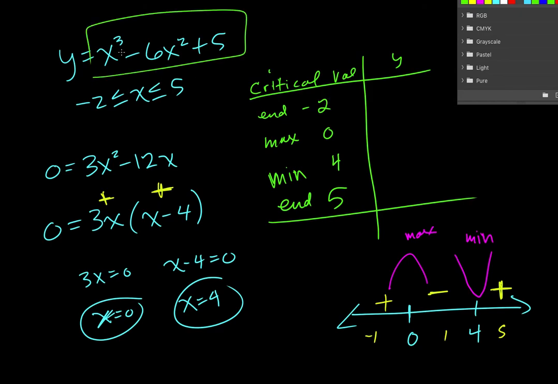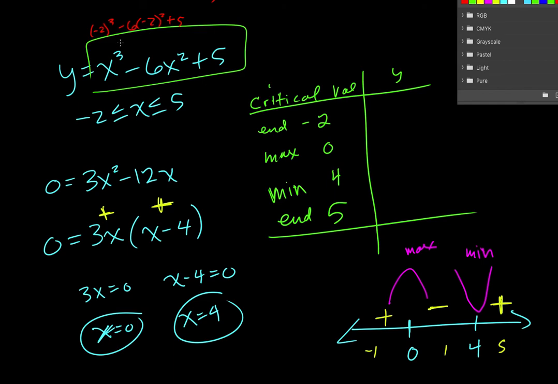Okay, so if we plug in -2, we get -2 cubed minus 6 times -2 squared plus 5. And so that's -8. -2 squared would be 4. 4 times -6 is -24 plus 5.